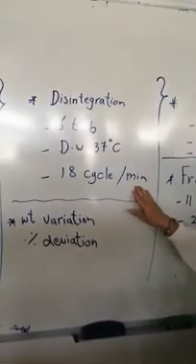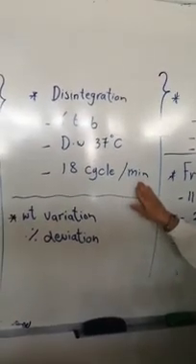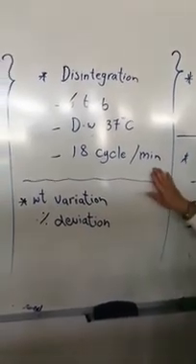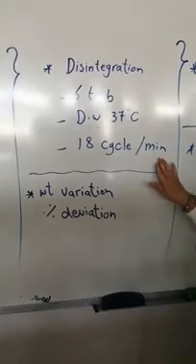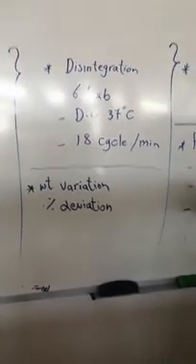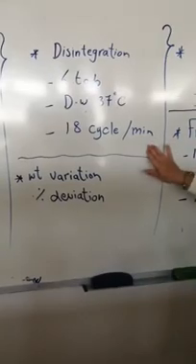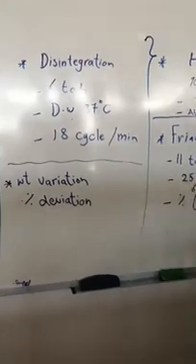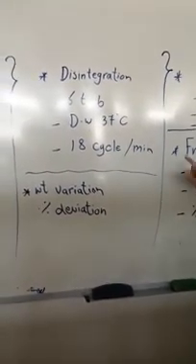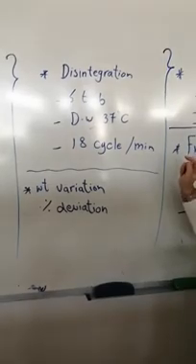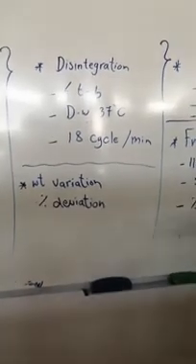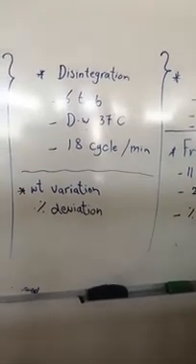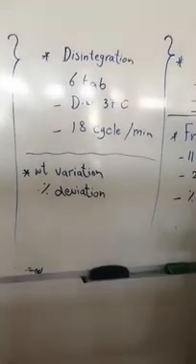We have to measure the time required for each tablet to disintegrate in water, and we have to compare these 6 times with the disintegration time mentioned in the monograph in the pharmacopoeia in order to judge this batch. This is an official test. So we have to make our comment by accepting, rejecting or suspecting the batch, okay?